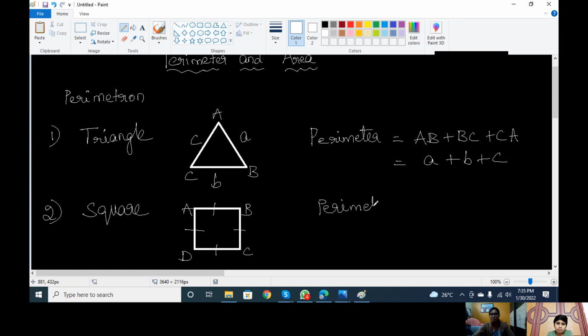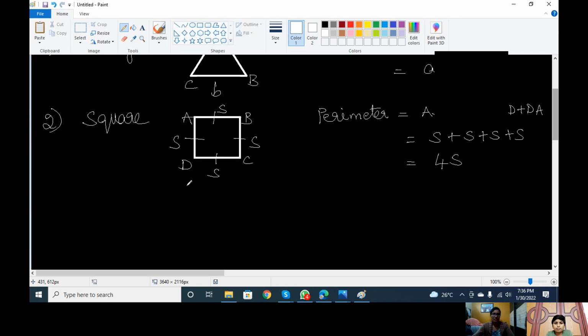Perimeter means measuring its boundary, adding up all its sides: AB plus BC plus CD plus DA. Let's take each side as s. Then s plus s plus s plus s. How many s's do we have? 4. So the perimeter of a square is 4s.